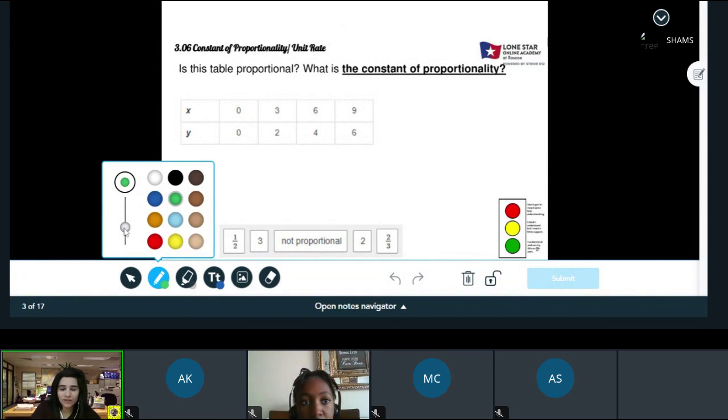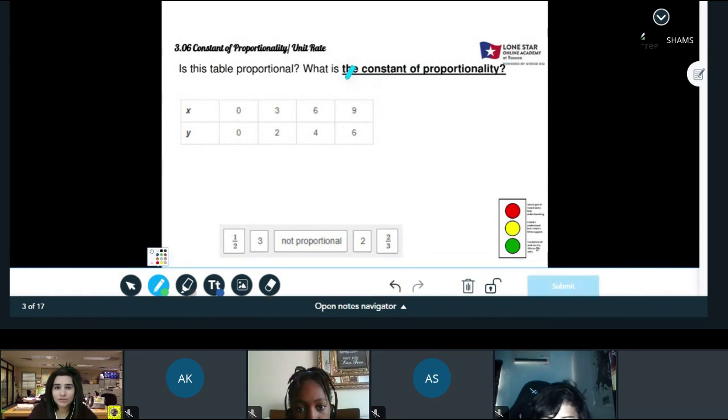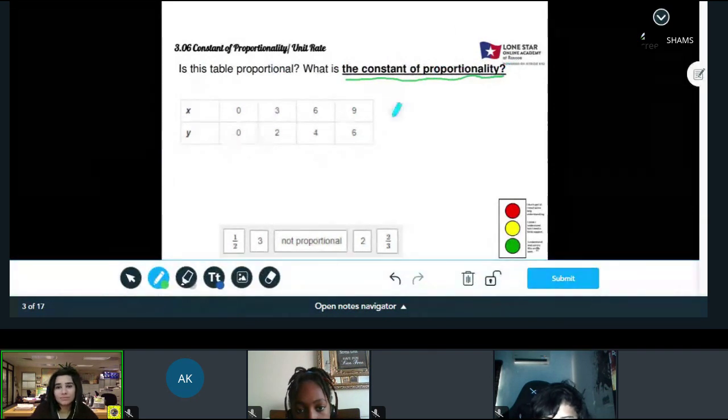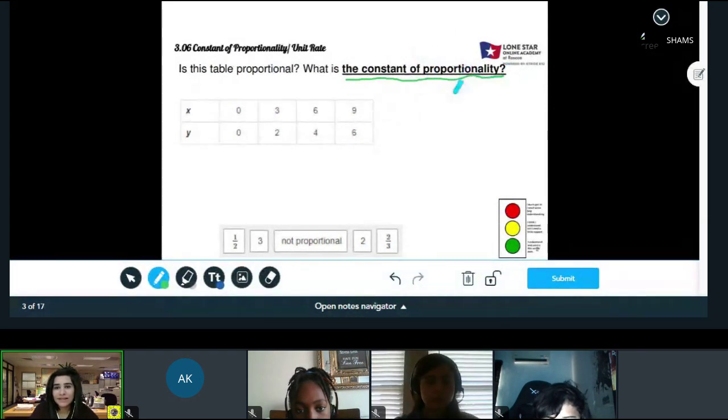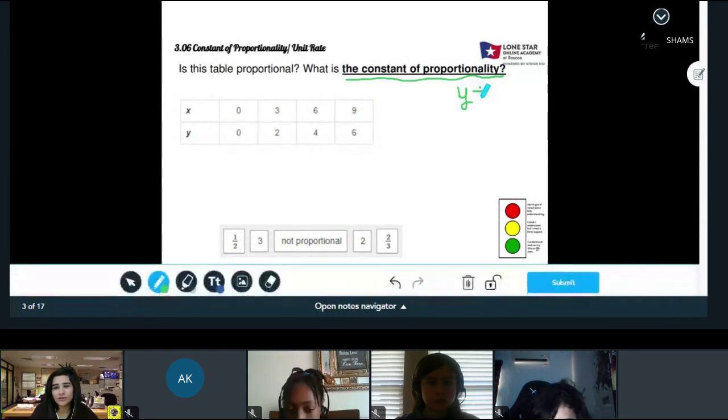Let's look at question 1 without wasting any time. Is this table proportional? If yes, what is the constant of proportionality? Just in case you don't know what the constant of proportionality is, if you review the topic, it will tell you simply by dividing y by x, you get the constant of proportionality.